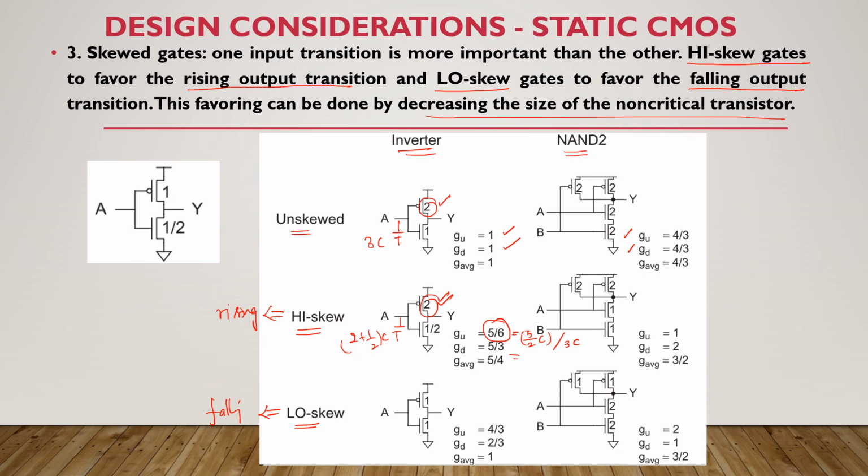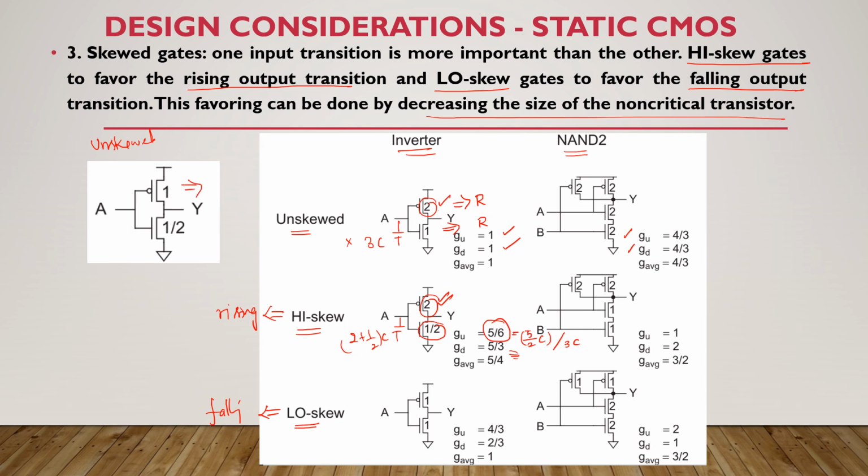Similarly, how do we calculate the falling transition, GD, now? See here, for calculating GD, the width is half, so we should not consider this unskewed inverter. Instead of that, this is also an unskewed inverter. Unskewed means both have equal resistance. Okay, see here, width is 2 means resistance is 2R by 2, so it is R. Similarly, here the width is 1, so the resistance is R. So both have equal resistance, so it is unskewed.